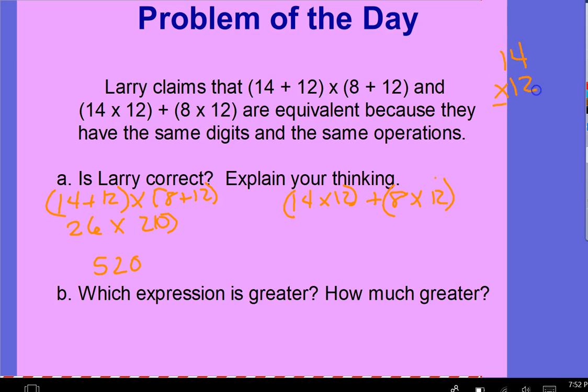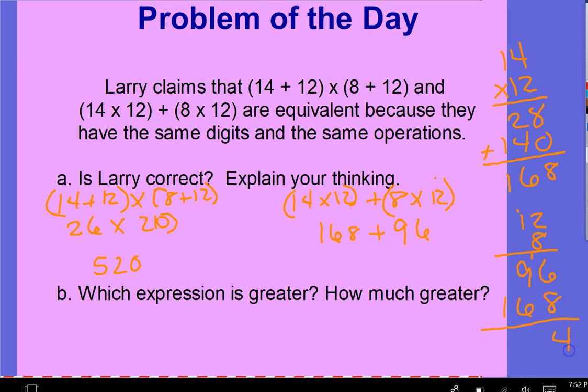So 14 times 12 is 8, 2, drop my 0 to hold my tens place, 4 and 1, that's going to be 168. And I'm going to add that to 8 times 12, that's 96. And 168 plus 96 is 264.